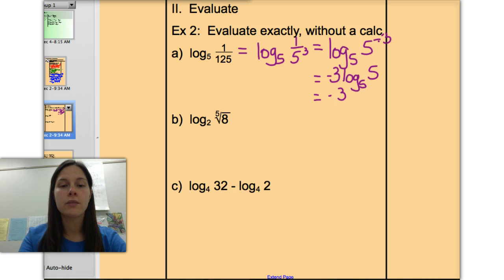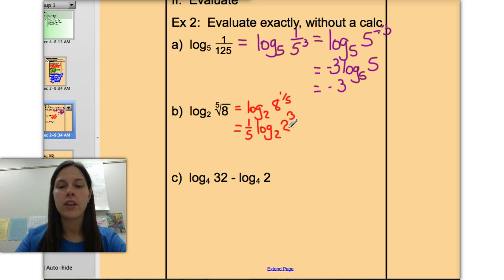So again, I'm going to use some powers and some rewriting to help make this a little bit easier to evaluate. So the first thing that I'm going to do is rewrite that 5th root as a 1/5 power. I'm going to do 2 steps here. I'm going to move the 1/5 power as a coefficient, and I'm going to rewrite 8 as 2 cubed.